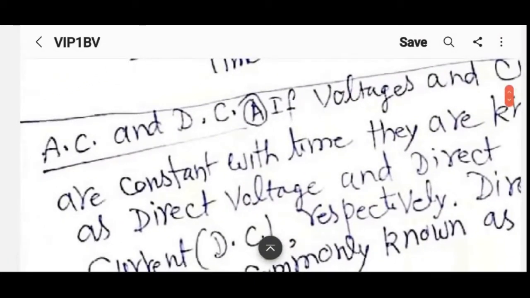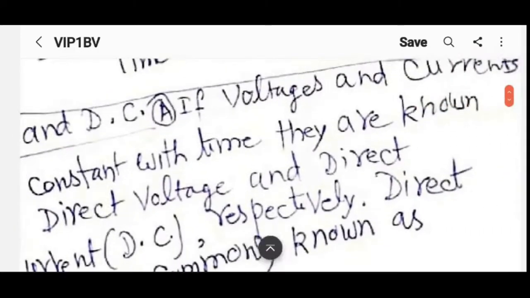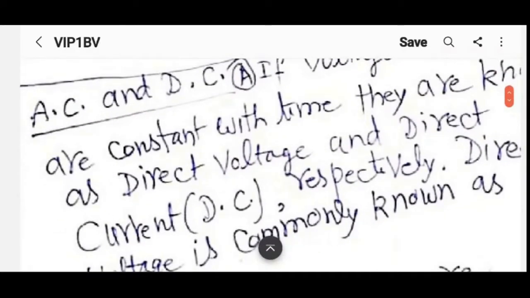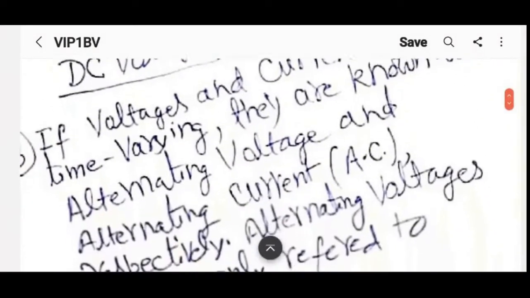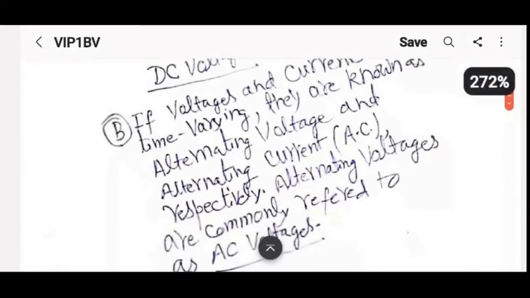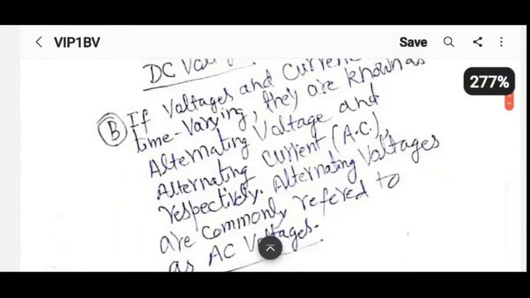If voltages and currents are constant with time, they are known as direct voltage and direct current, and the acronym is DC. I've already told you that. These are things you know already, so let's not spend too much time on this.